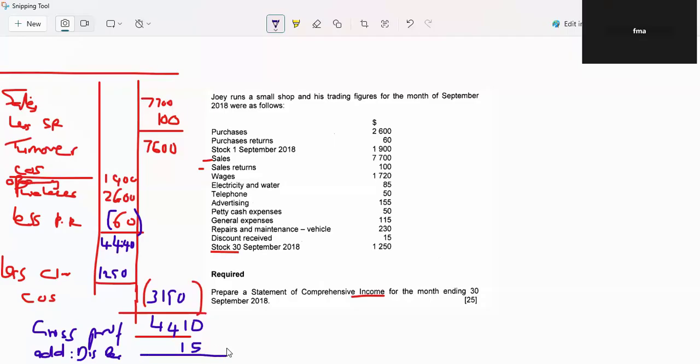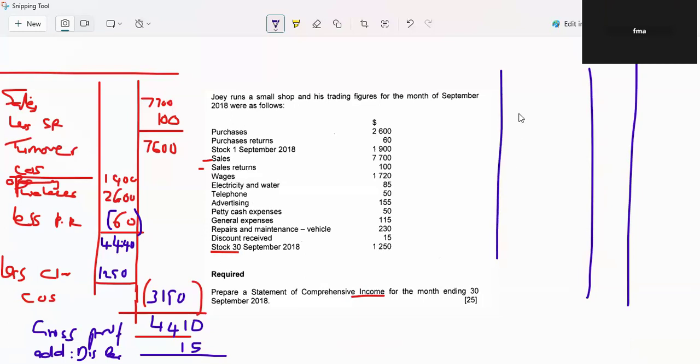So what becomes our total income? 425. So our total income or gross profit is 425.